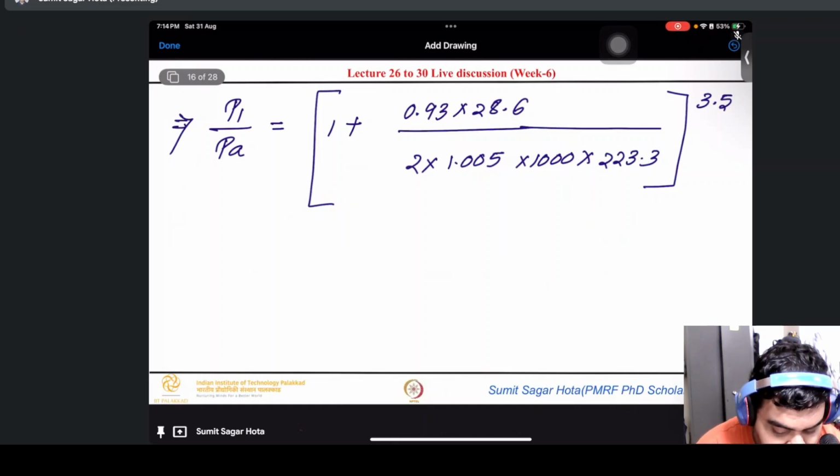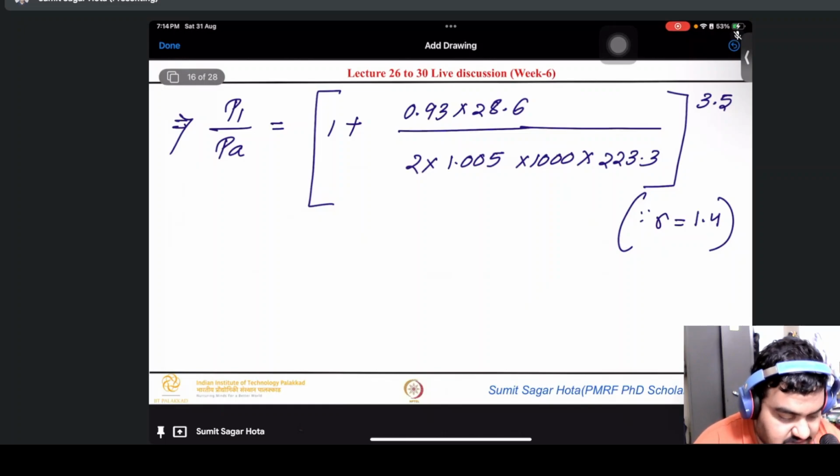Here gamma we are taking as 1.4, because A is your ambient condition, and in the ambient condition we are having only air.